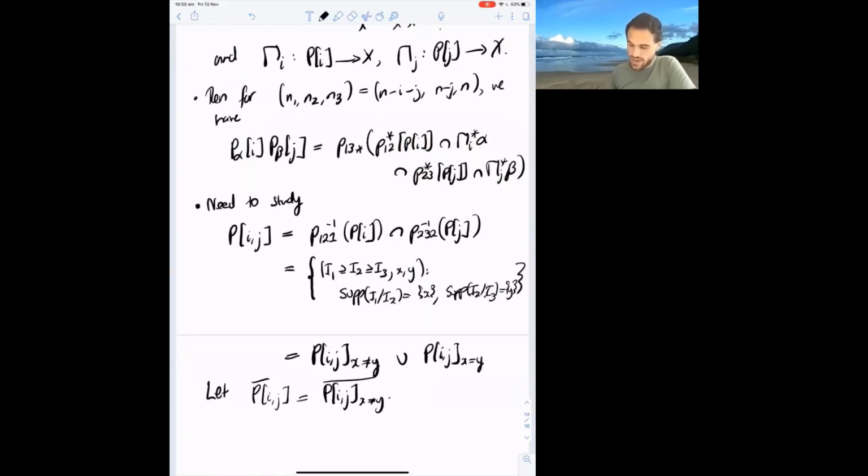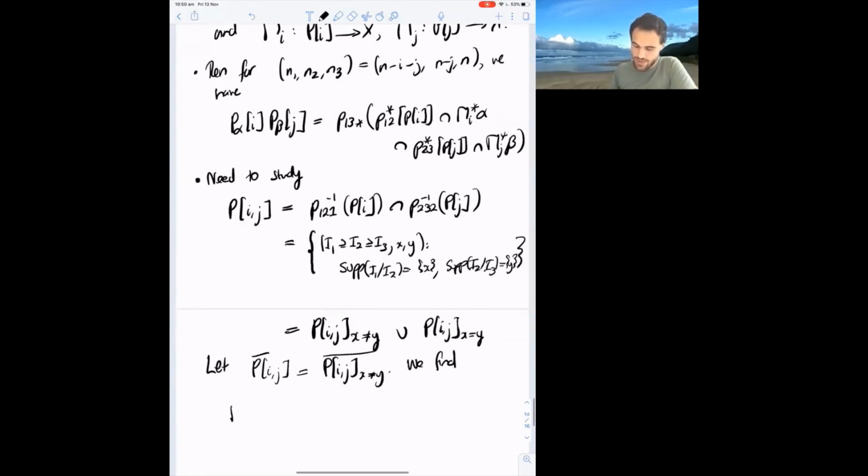What you can find is that the cap of the first part is equal to the class of this closure, and then plus some extra term.